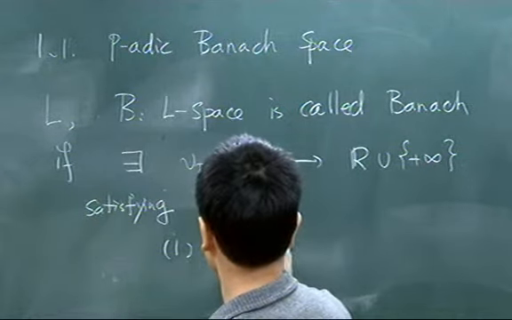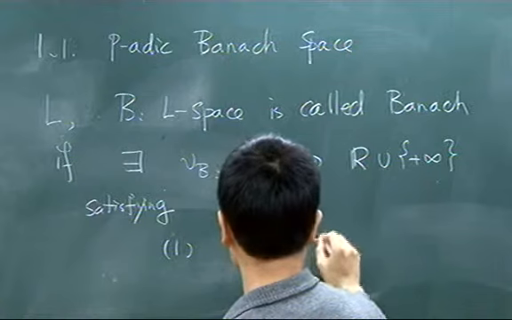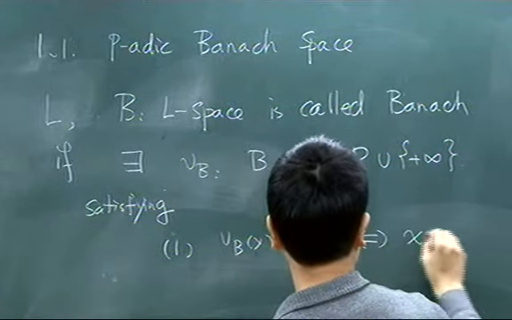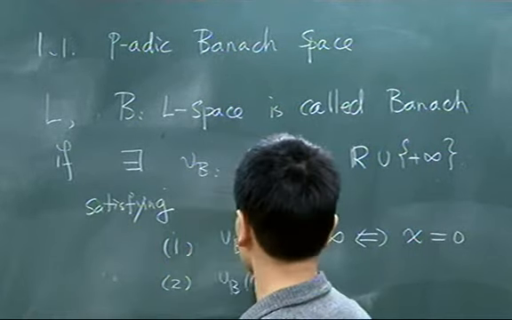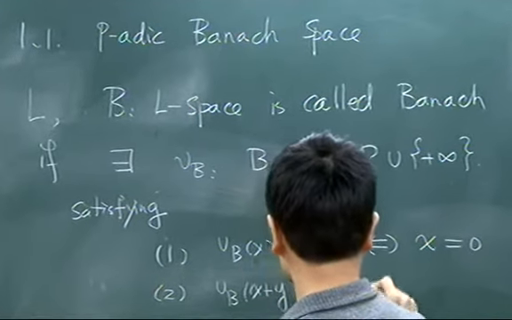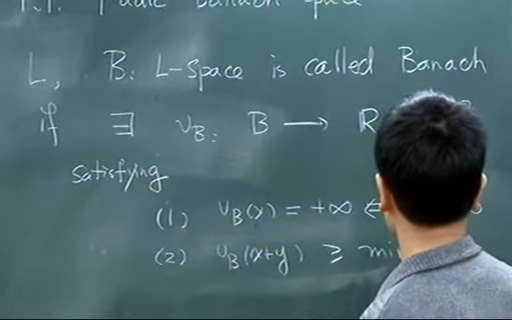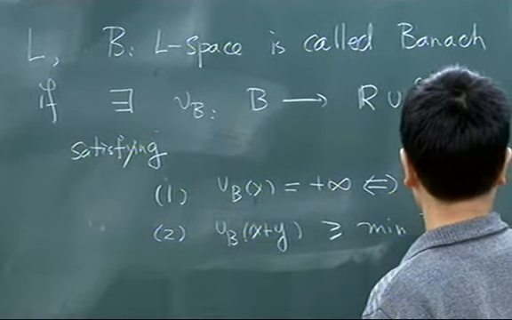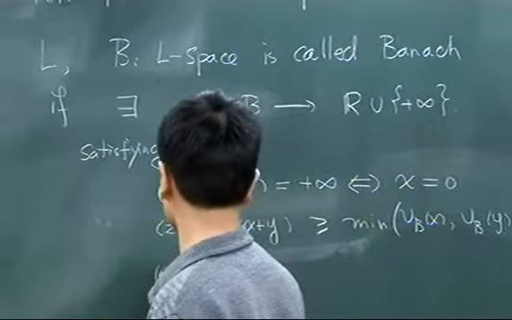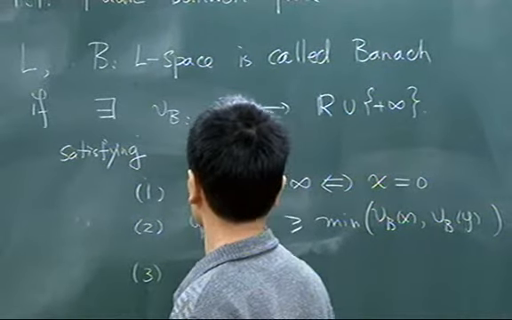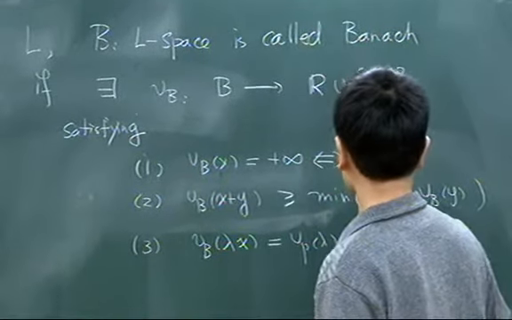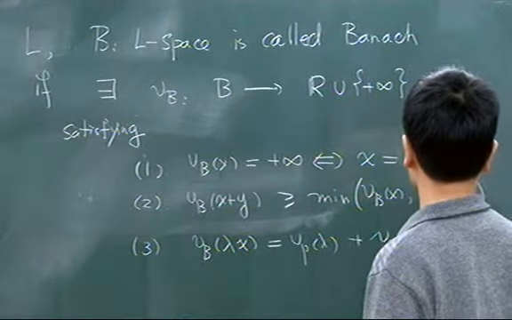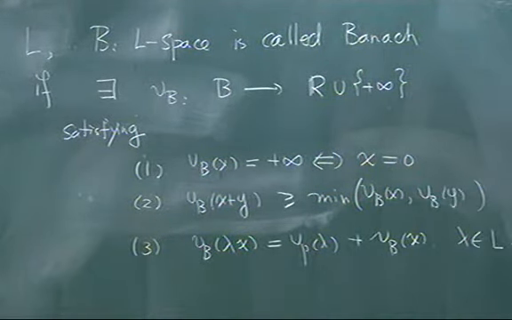So v_B(x) is plus infinity if and only if x is 0, and then v_B(x+y) is bigger than or equal to the minimum of v_B(x) and v_B(y), and the third one is v_B(λx) is v_p(λ) plus v_B(x). Here λ is contained in L. If you said λ is contained in B, certainly then it's a valuation, right?